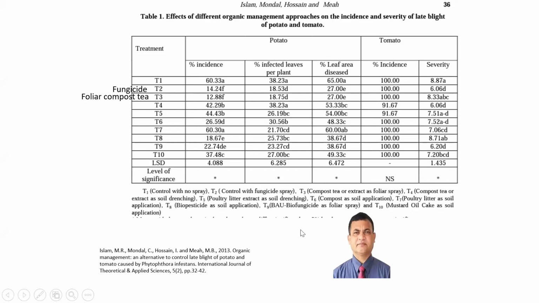So our colleague, Mohammed Islam in Bangladesh, worked with compost tea on late blight of potato and tomato and compared it to fungicide.